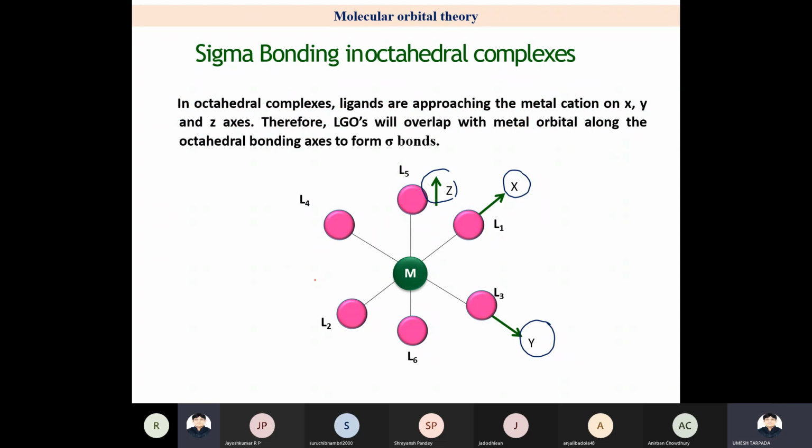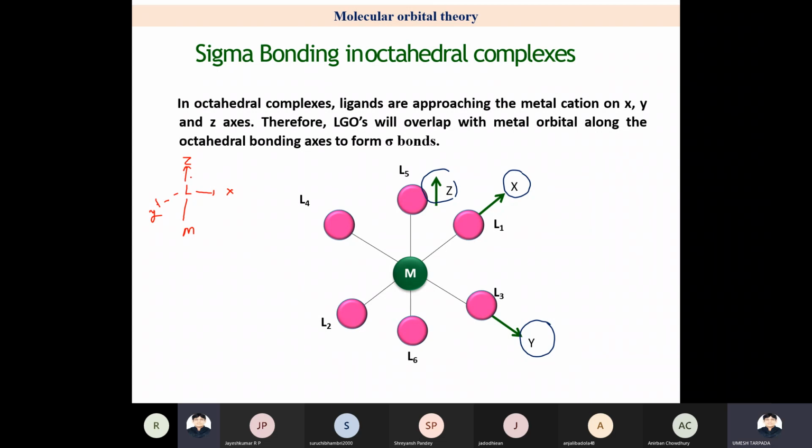Especially for the sigma bond, how is the sigma bond formed? See, this is an octahedral geometry with the z axis along the ligand axis and the x and y axes perpendicular to the ligand axis. So your z axis is over here and x and y are perpendicular to the ligand axis. The axis along which the ligand approaches is responsible for forming the sigma bond.